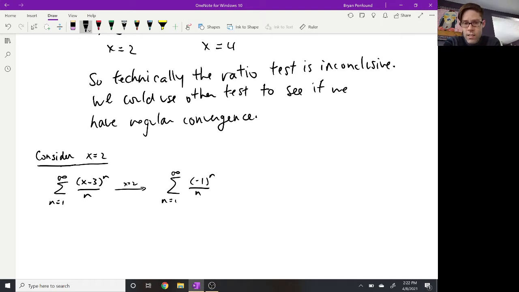Now, this is an alternating series, so we might be inclined to try the alternating series test.